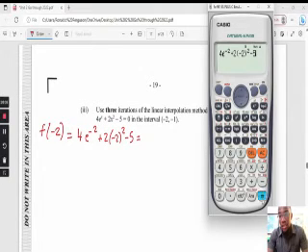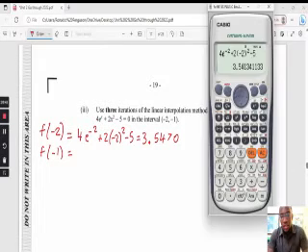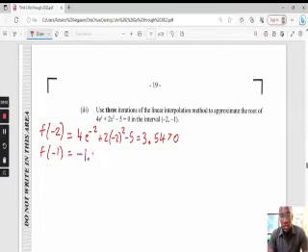Punch that in the calculator and we'll get 3.54, which is greater than 0. And if we work out f of -1, we get -1.53, which is less than 0.